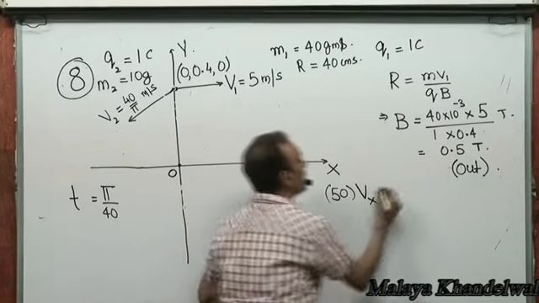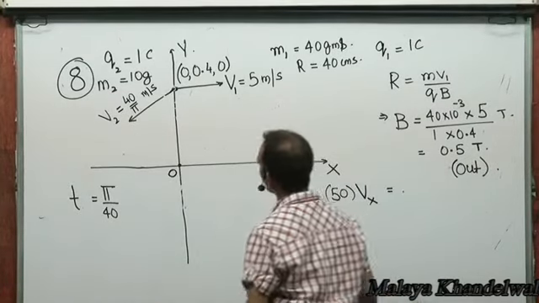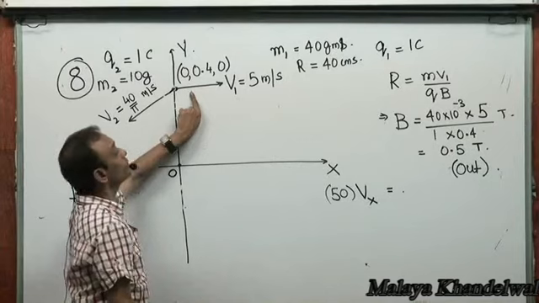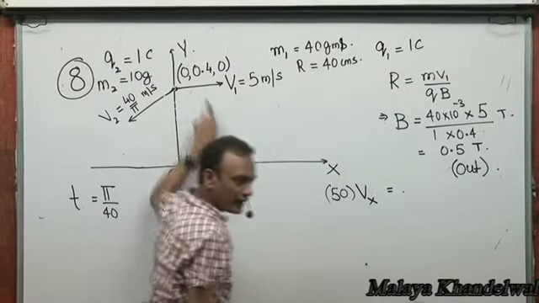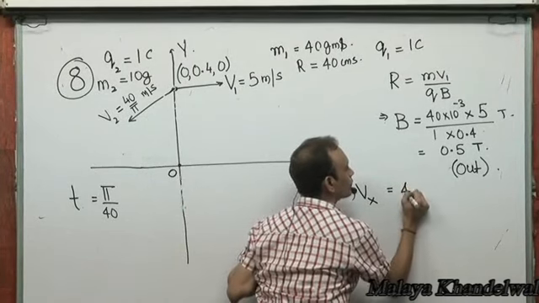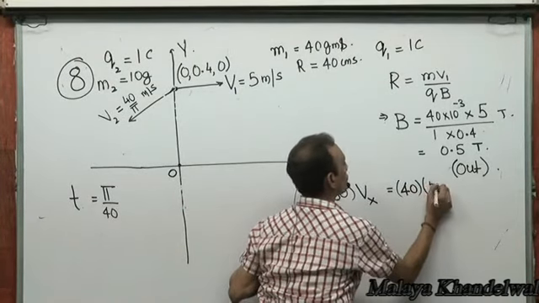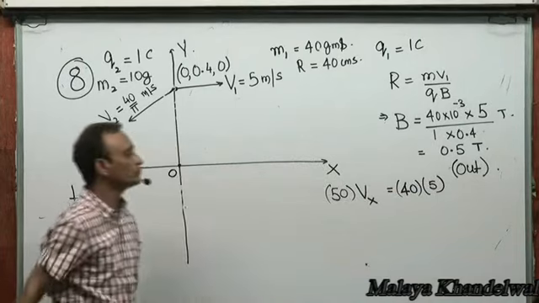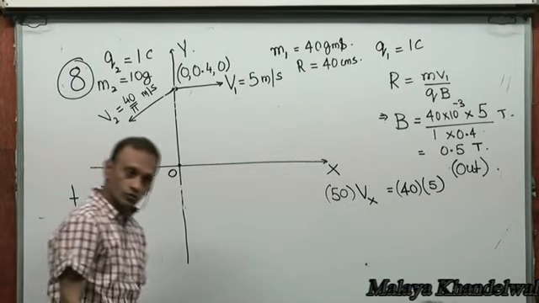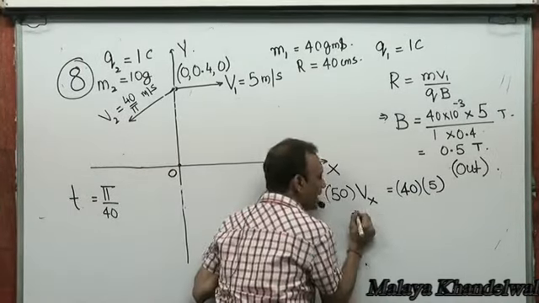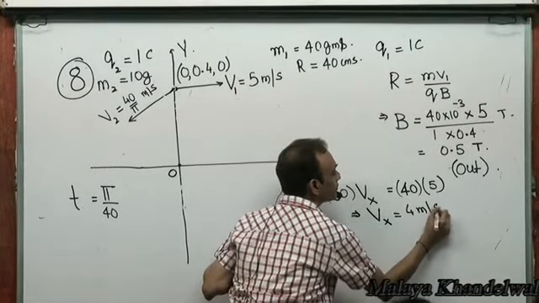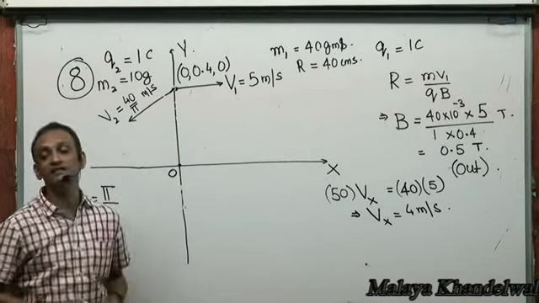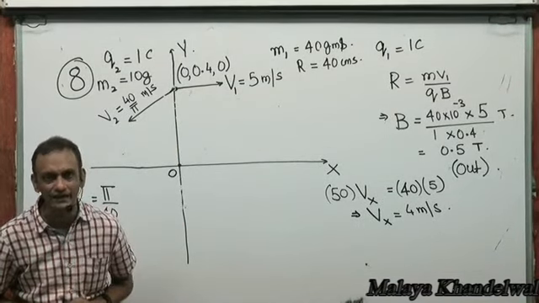That must be equal to the total linear momentum before collision, which is 40 into 5. So the combined mass has a velocity Vx equal to 4 meters per second in the x direction. Clear?